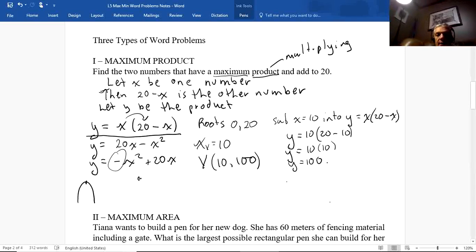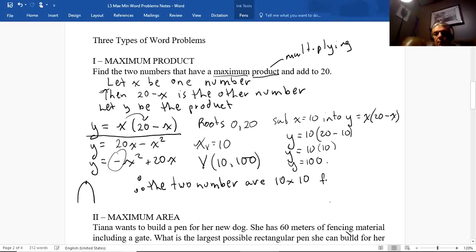I can say, therefore, the two numbers, because that's what the question asks, are 10 and 10 for a maximum product of 100.